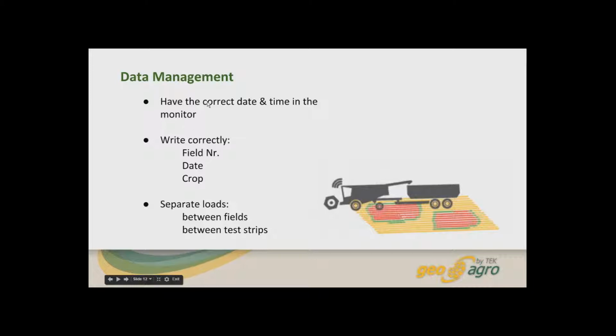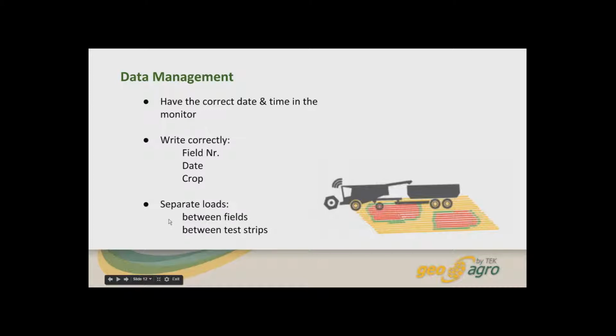Data management. This is also something very, very important. It's more on the operator side. First, make sure that you have the correct date and time in the monitor. It has a number of implications for data processing and analysis afterwards. Then, very important, enter the field number, date, and crop.